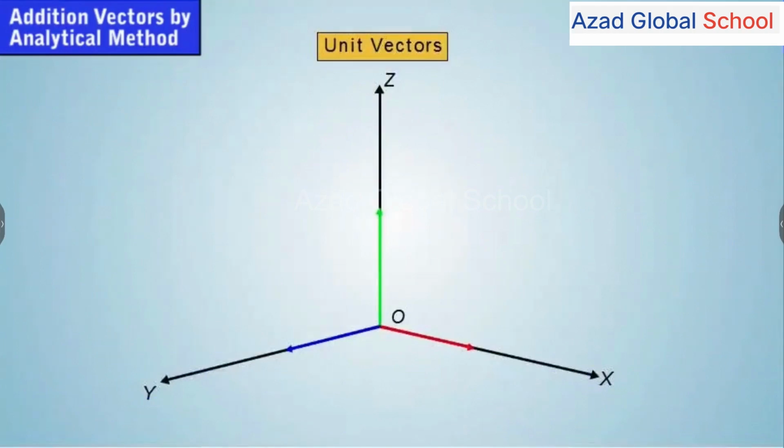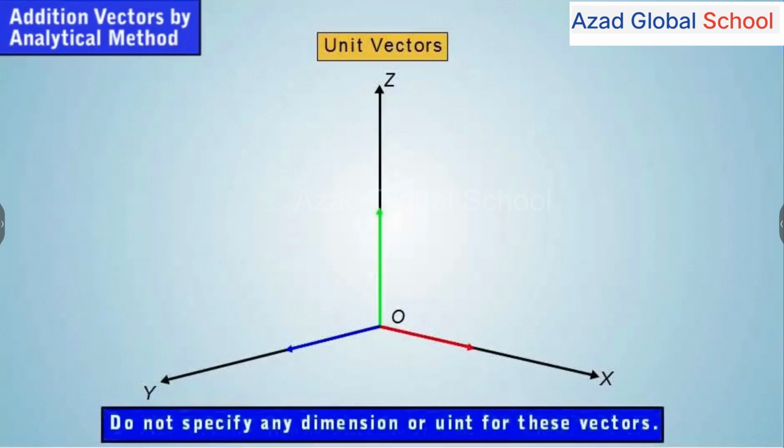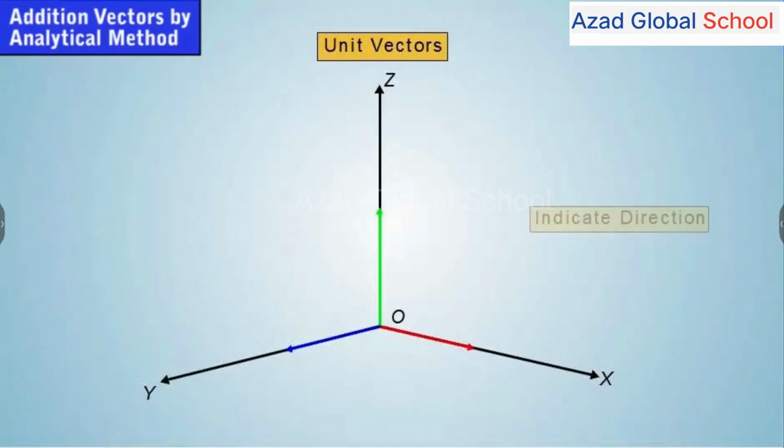Unit vectors have a magnitude equal to unity, and they indicate a particular direction. You cannot specify any dimension or unit for these vectors. They only indicate direction.